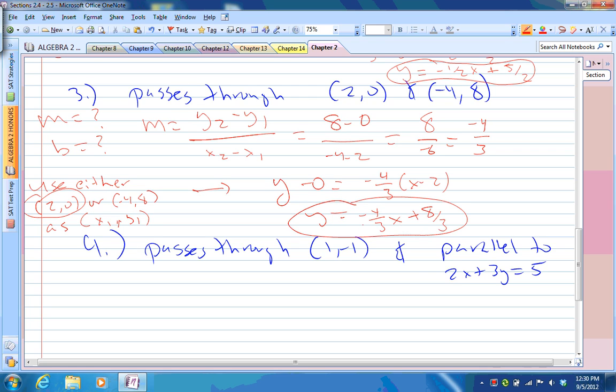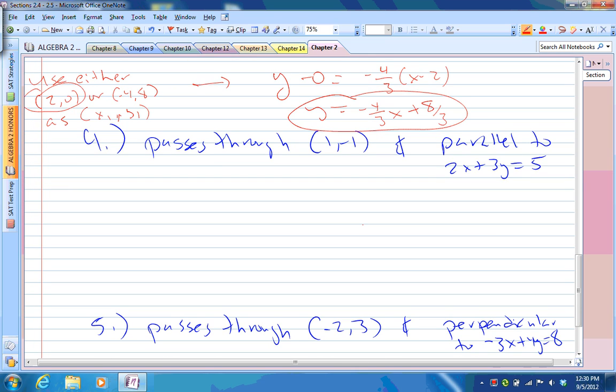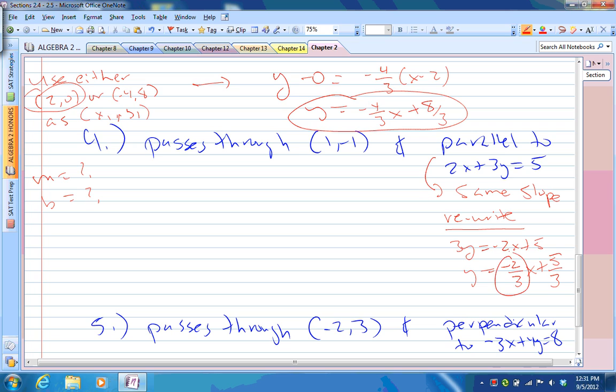And then, not lastly, sorry, there's 2 more. For number 4, if you're parallel, you want the same slope. Now again, we don't know what m or b is right off the bat. But if I rewrite the equation I'm parallel to, you can see that the slope is negative 2/3.